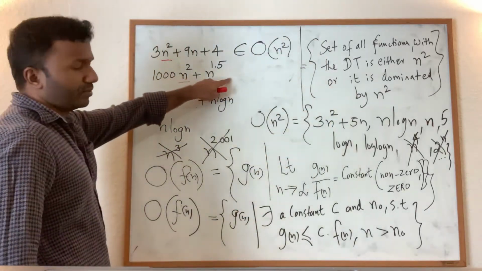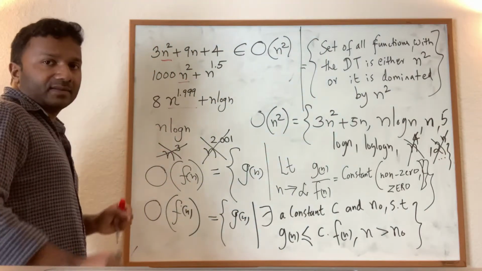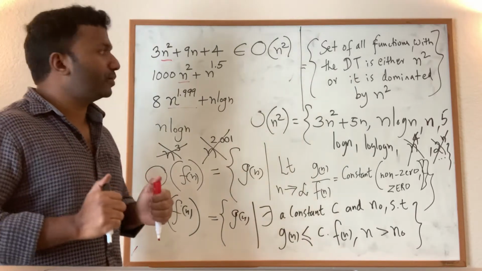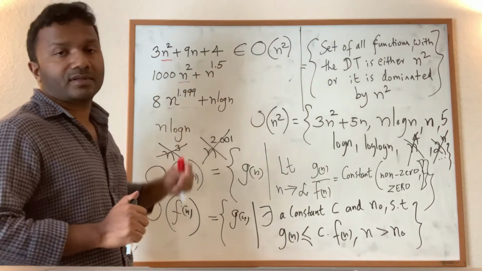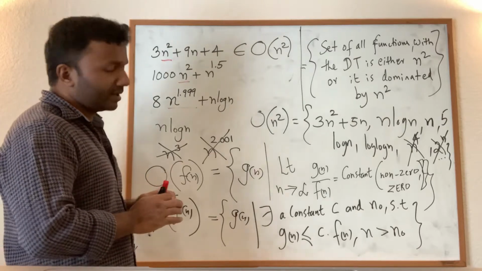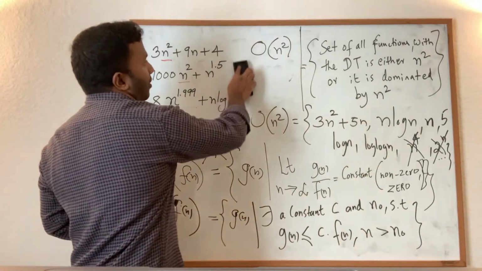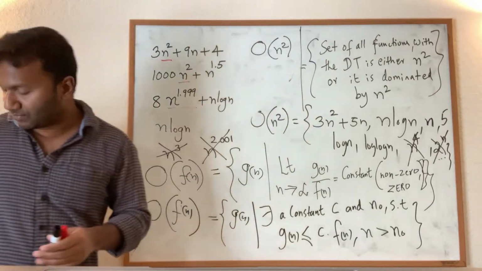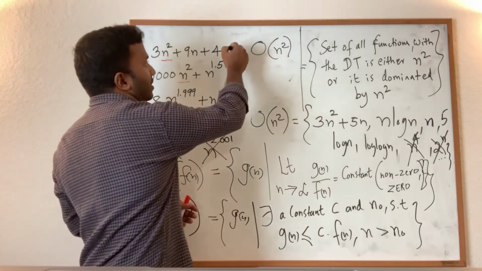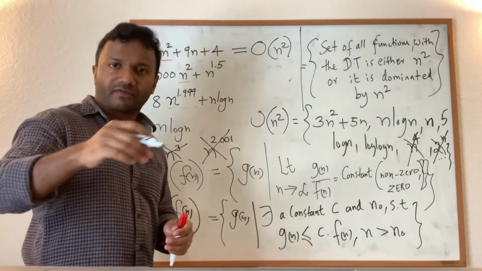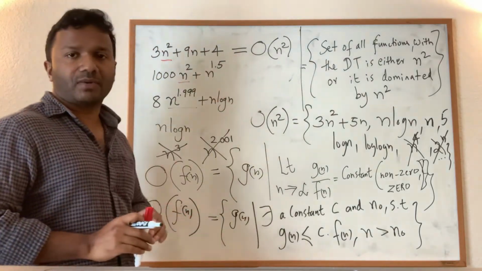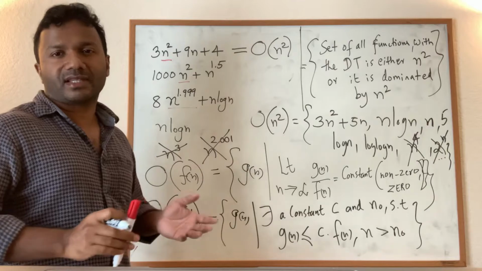This is the right way to use big O. But typically, or almost all the time, we use equal to instead of the set notation, which is just for convenience.